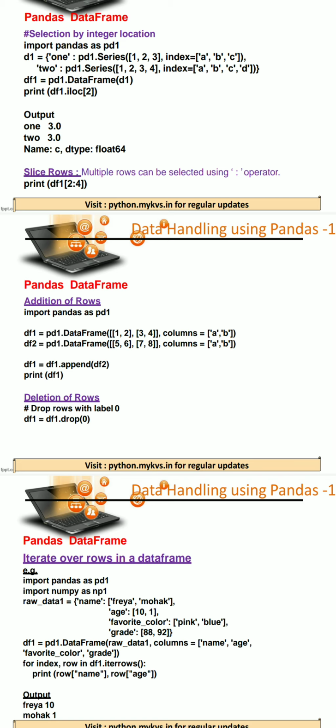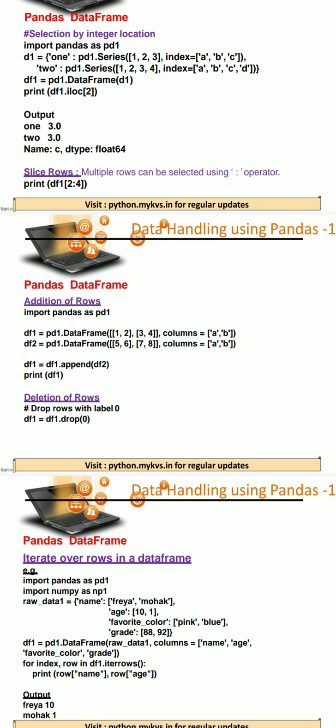Here our first data frame is df1. At the end of the first data frame we want to add data frame 2, so we call the method append, and inside the bracket we pass df2. It will add the next data frame at the end of df1, and we create a fresh df1, and then if we display the value of df1, it will display the value of df1 as well as df2 because df1 is changed now.